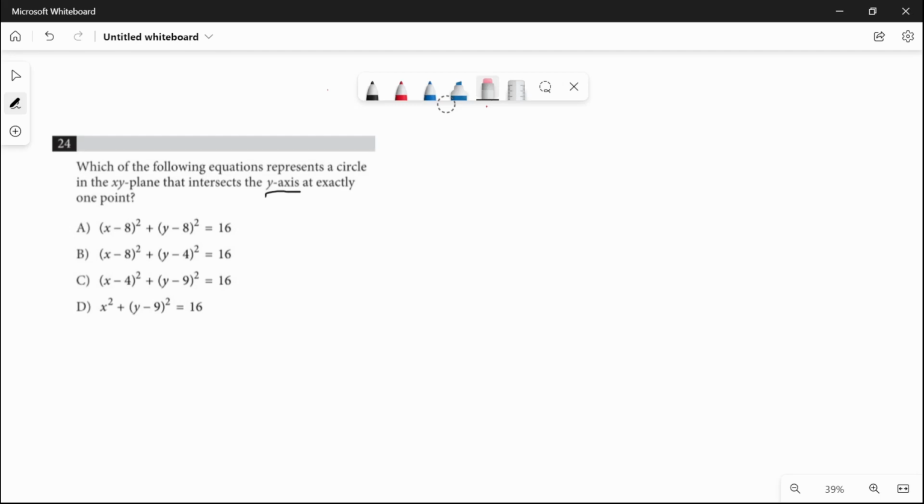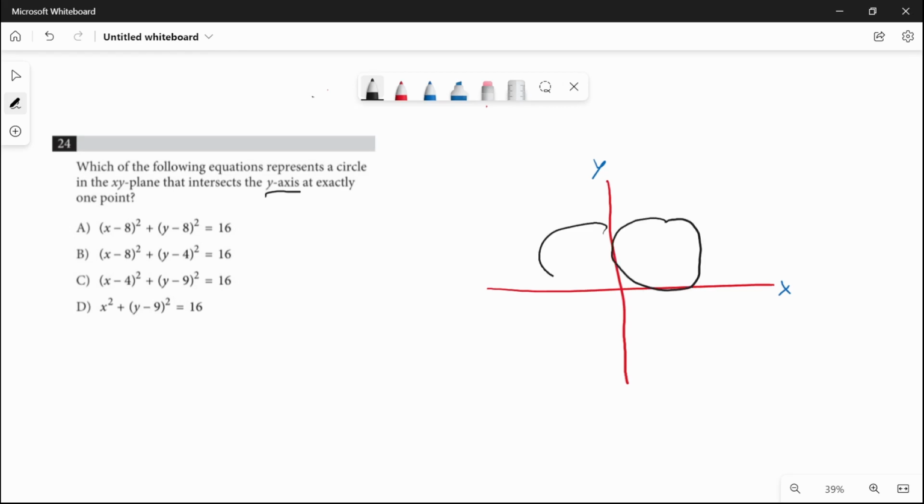That's an xy plane, that's a y-axis, and that's the x-axis. So the circle we are searching for should be intersecting the y-axis at exactly one point. So the circle could be something like that, or like this.